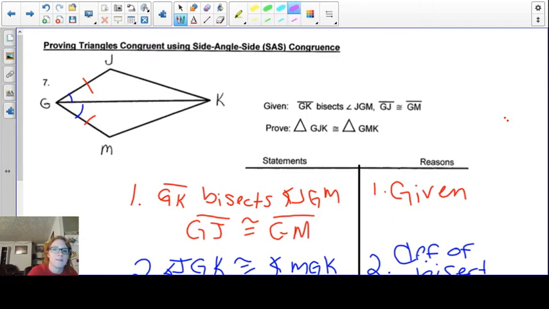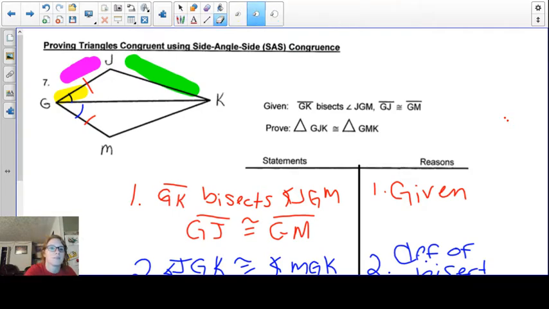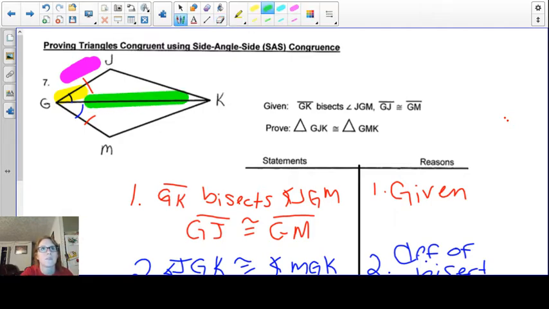If I want side, then angle, then side, if I have this side and this angle, would it make sense to use this side over here? Does that go in order? No, it doesn't. So I need to talk about that side. Because wouldn't it be similar on this side of my triangle as well?